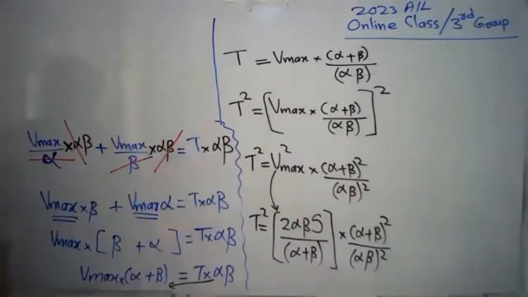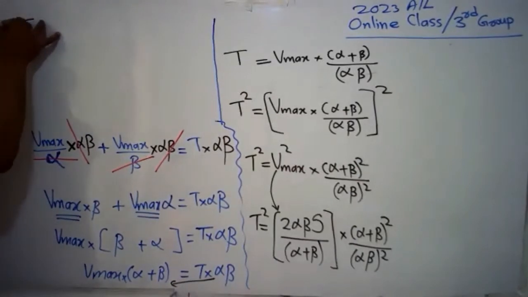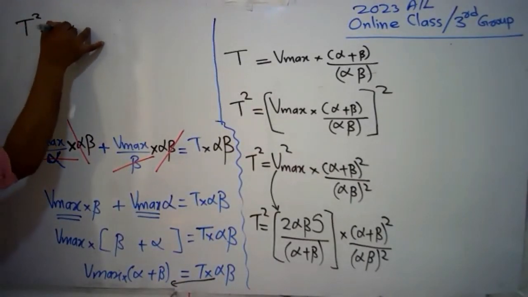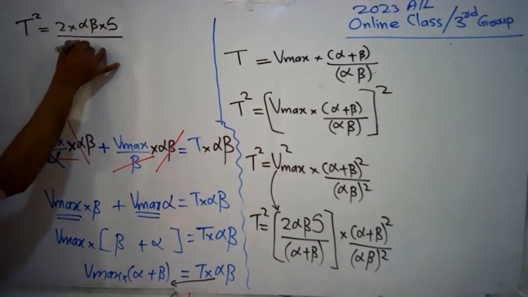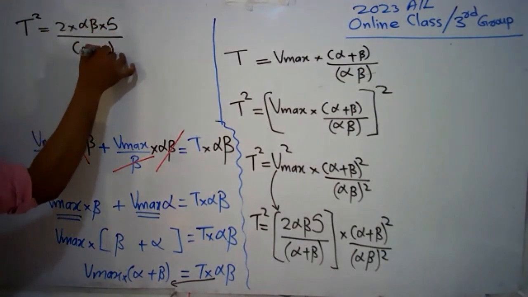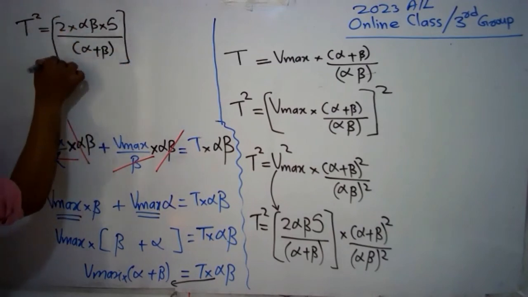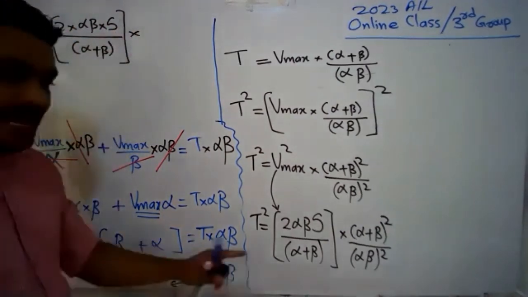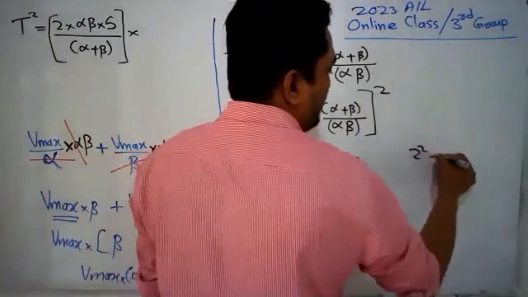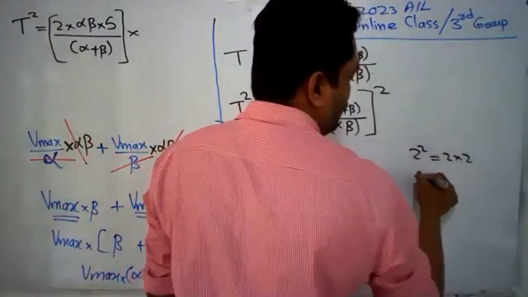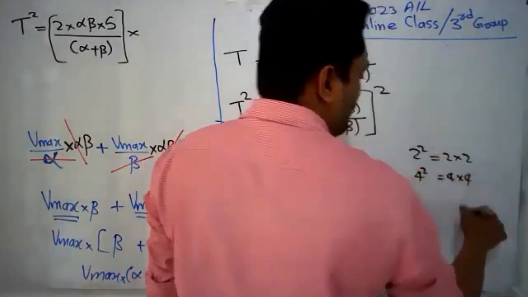Right. T square equals 2 into alpha beta into S divided by alpha plus beta, into alpha plus beta square. Alpha plus beta square means if you write 2 square, you will write 2 into 2. If you write 4 square, you will write 4 into 4.